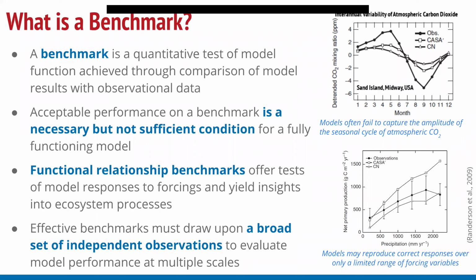If it does, then no matter the spatial distribution biases in the model, at least we're capturing the ecosystem response. Here the models continue to increase their net primary production, even as the observations have sort of rolled over in NPP at very high precipitation rates. Now, effective benchmarks must draw on a broad set of independent observations to best evaluate model performance at multiple scales.